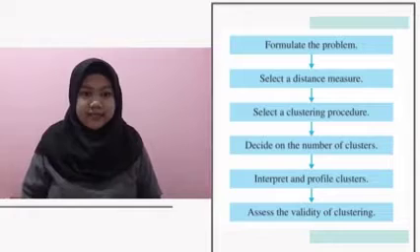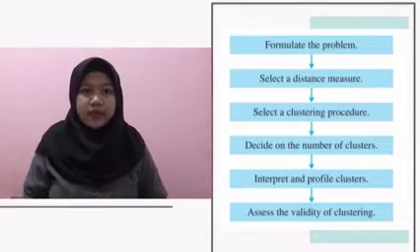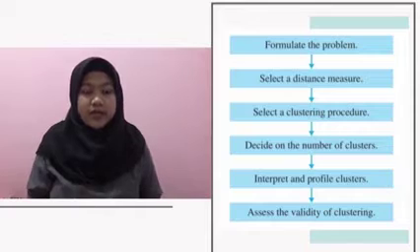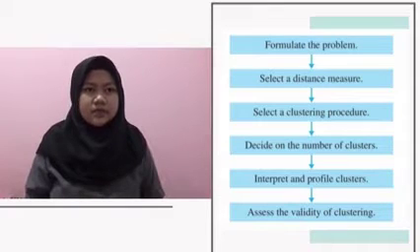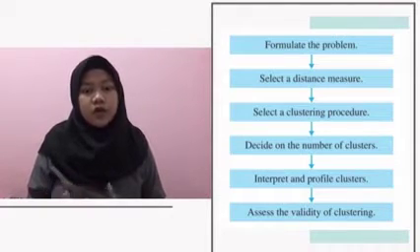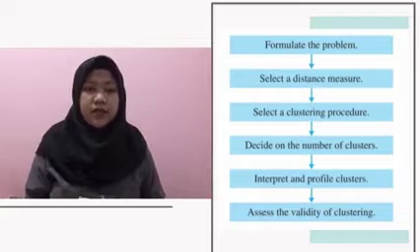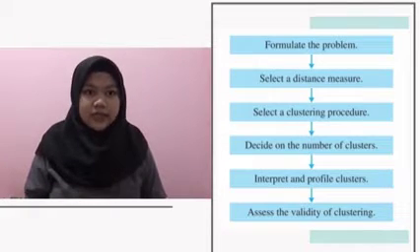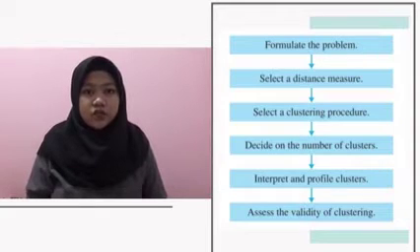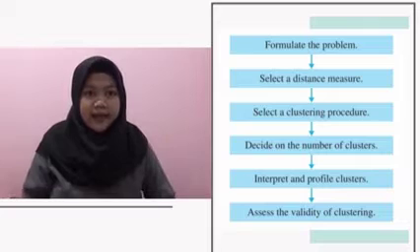Conducting cluster analysis. The first step is to formulate the clustering problem by defining the variables on which the clustering will be based. Then, an appropriate distance measure must be selected. The distance measure determines how similar or dissimilar the objects being clustered are. Several clustering procedures have been developed, and the researcher should select one that is appropriate for the problem at hand.